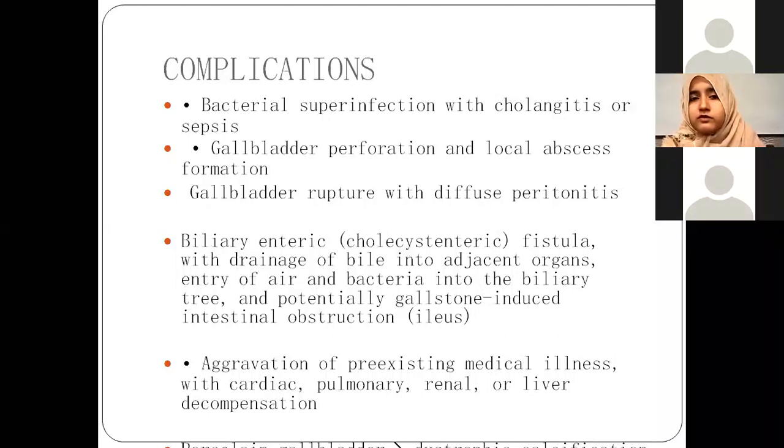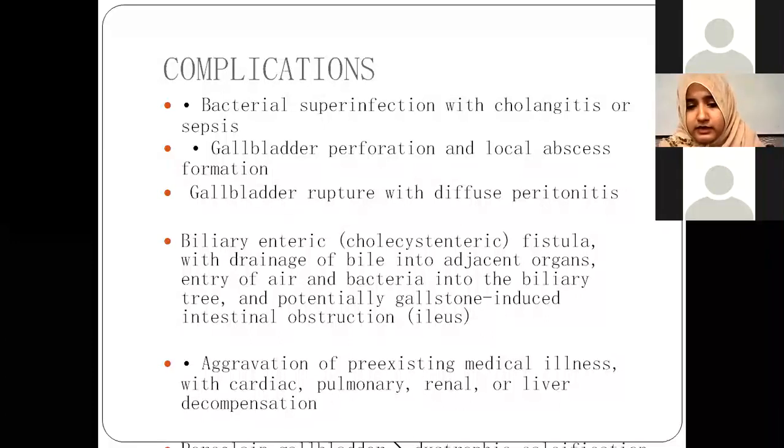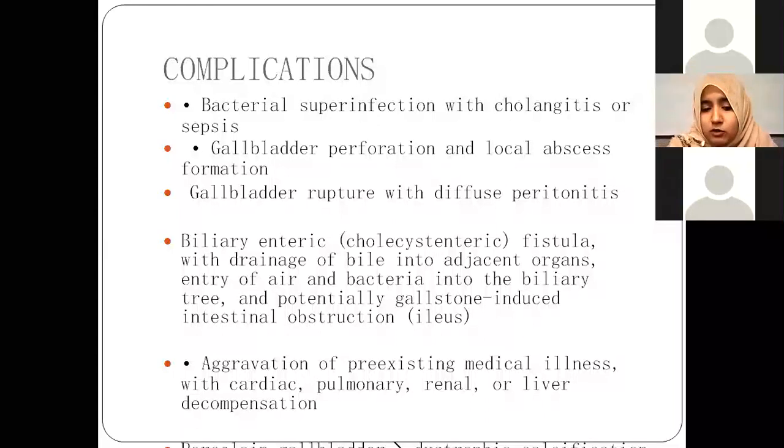So with the simple disease, which we think of like gallstone is something very common in our society, people won't take it so seriously, but these lethal complications can happen, and they do occur. There is aggravation of pre-existing medical illnesses with cardiac, pulmonary, renal or liver decompensation. If the patient has some other comorbidity, he may get worse in it.